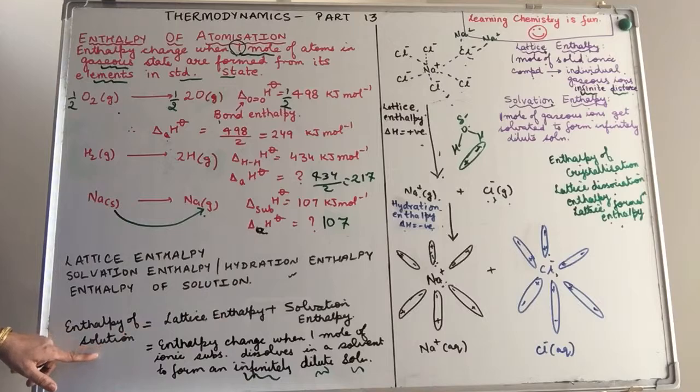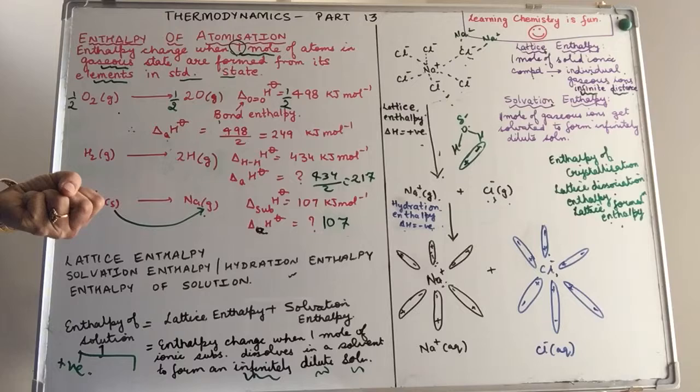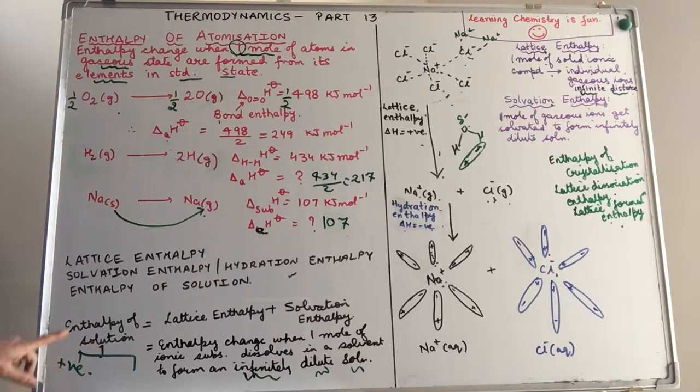Whether our solution process will be endothermic or exothermic, that means whether on dissolving a salt in water the test tube becomes cold or hot, will depend on the enthalpy of solution. If your enthalpy of solution is positive, that means it's an endothermic process.